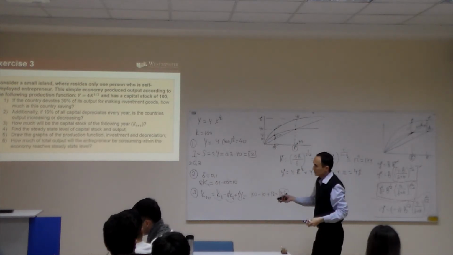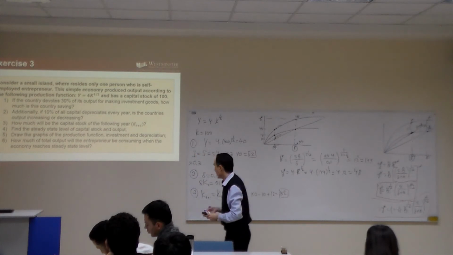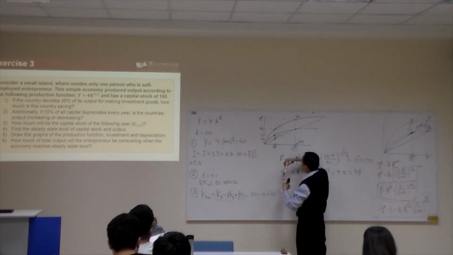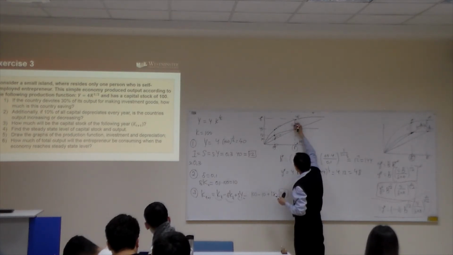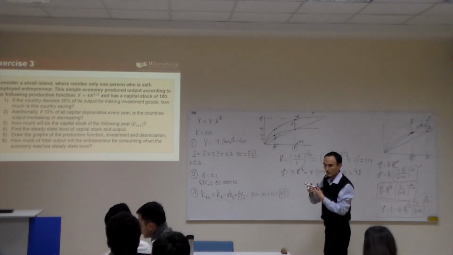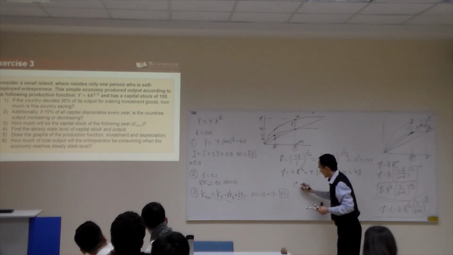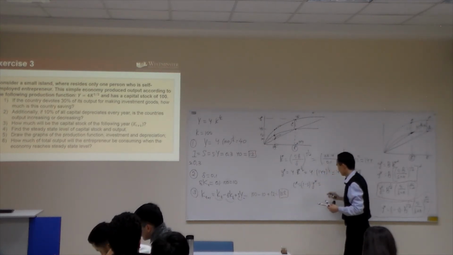And the last one: how much is Robinson going to consume when it reaches the steady state level? C star. So per capita consumption is equal to 1 minus the saving rate times per capita output at the steady state level, right?